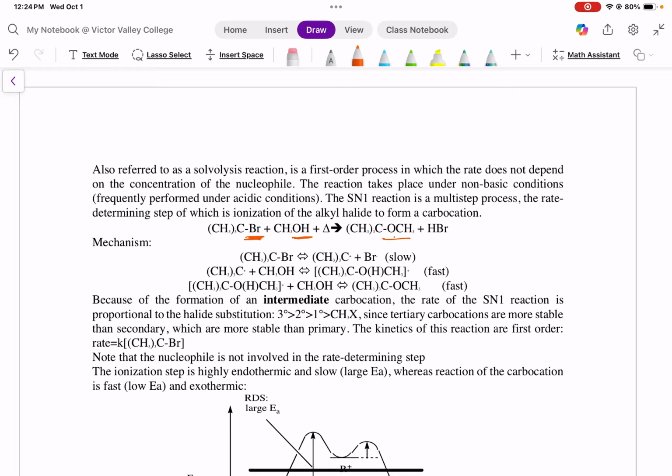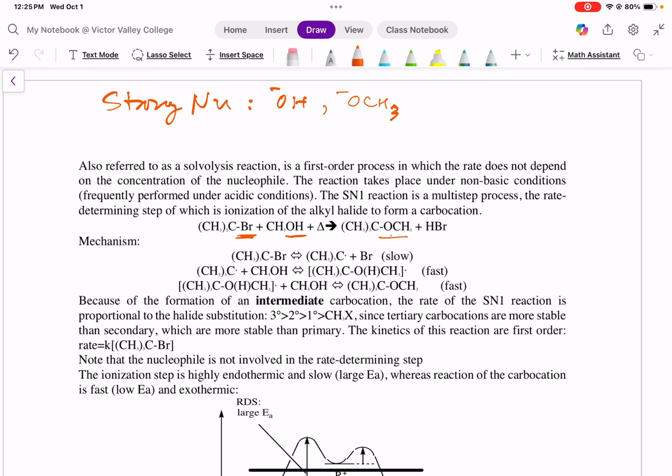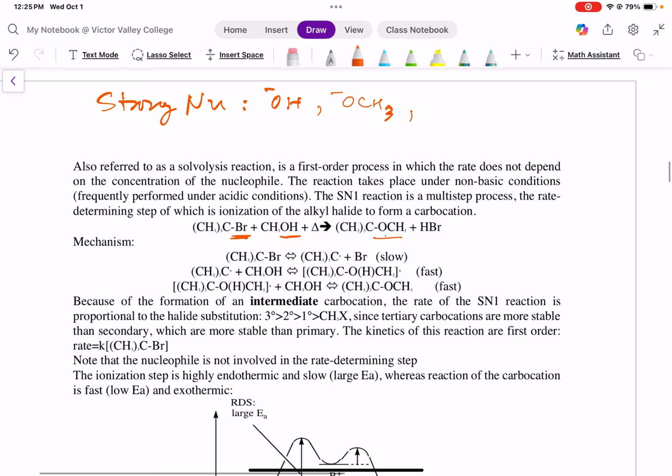A strong one, I mean the negative one, like a strong nucleophile would be OH minus, OCH3 minus, and they have to come with a positive ion like sodium plus. So you will see sodium hydroxide, sodium methoxide, so on and so forth. CN minus, things like that.